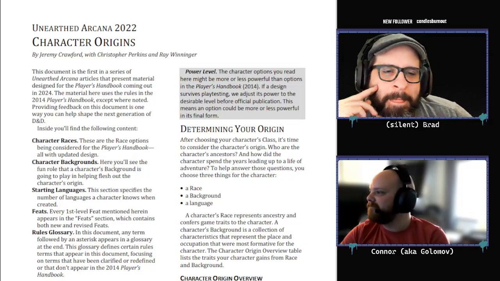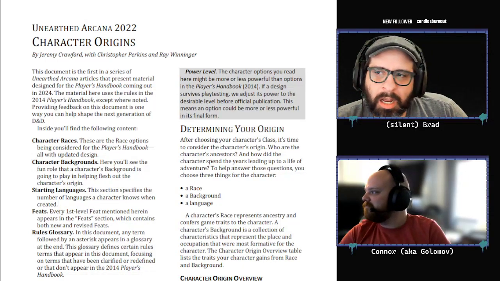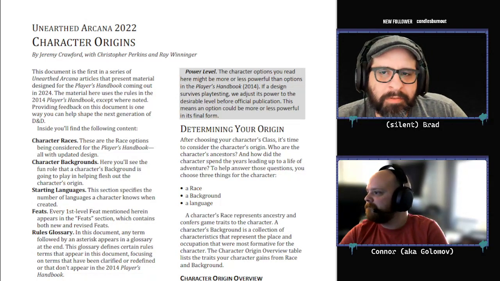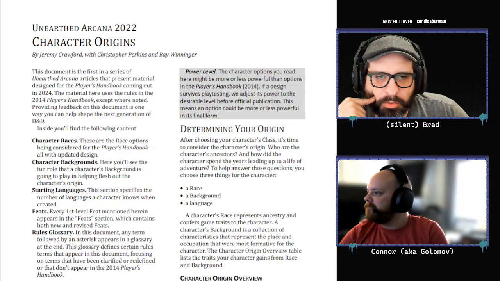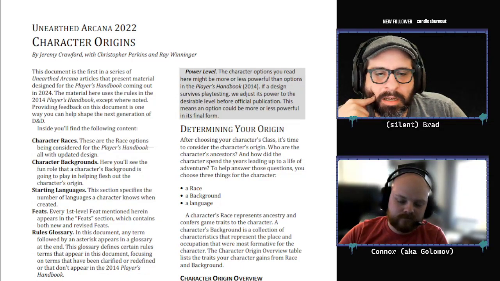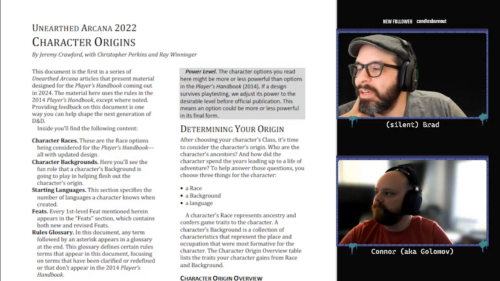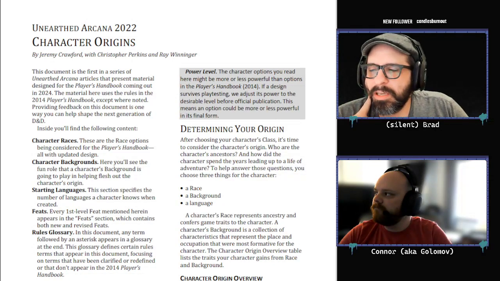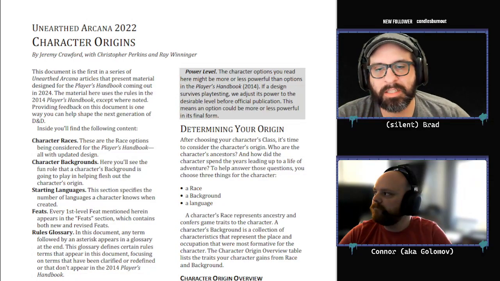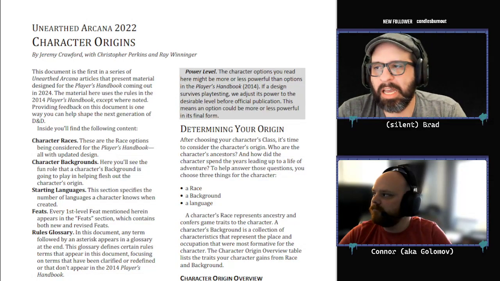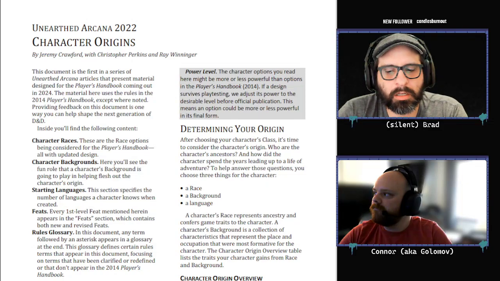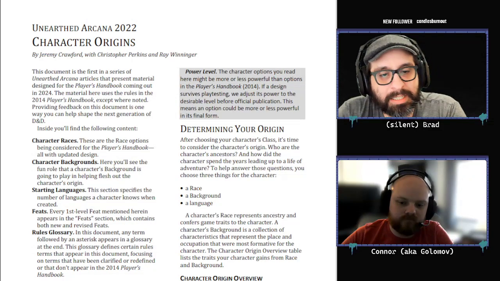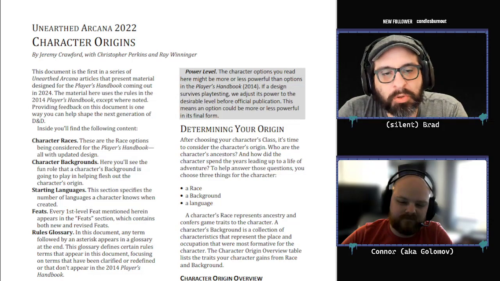What I heard from, I believe it was Jeremy Crawford, in the discussion about this is that they seem to be going with feats as class options, basically.